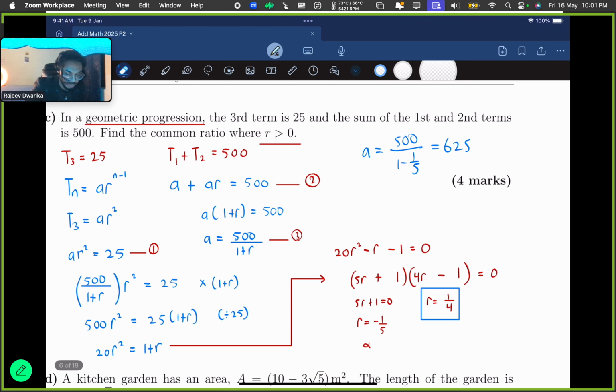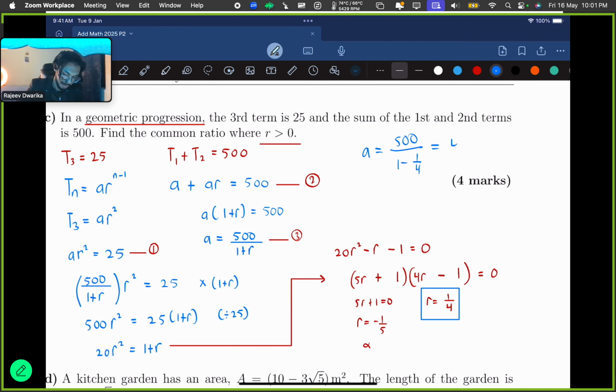If we wanted to check if that's correct, we could find the first term real quick. So that will be 1 minus a quarter. And the first term then will be what? Again, 400.